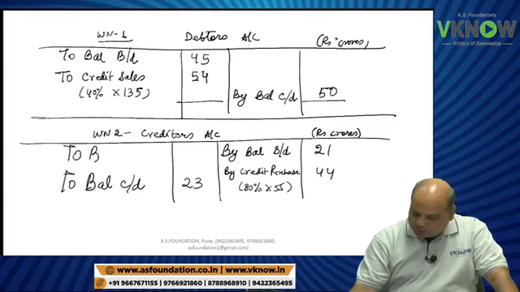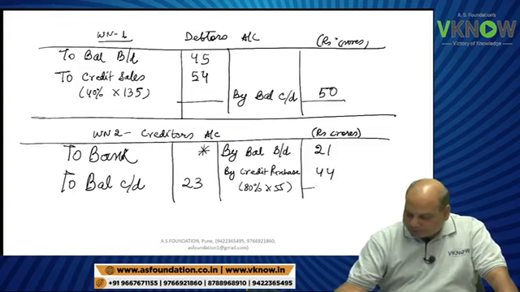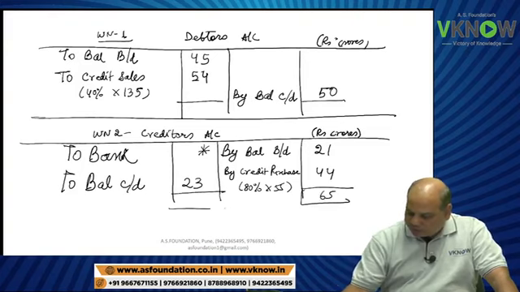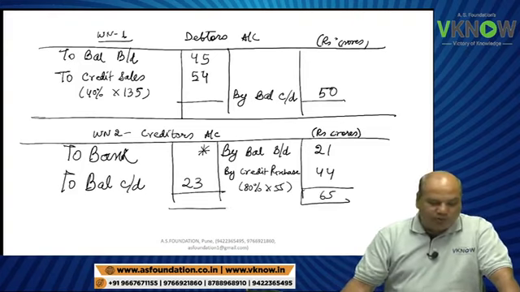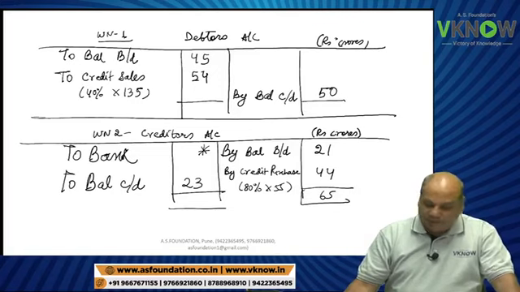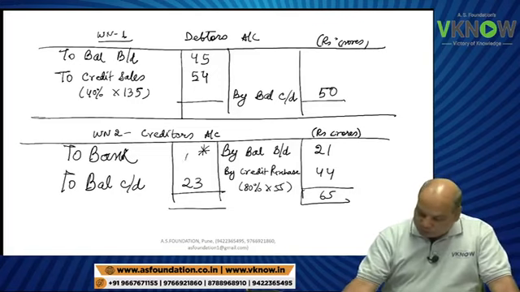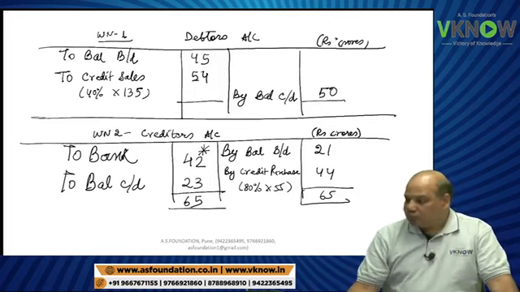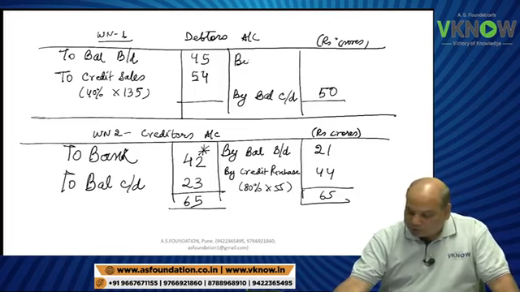So the missing figure is to bank here. To bank, payment made. How much is the payment made to supplier? 42 crore. And how much is the collection from debtor?